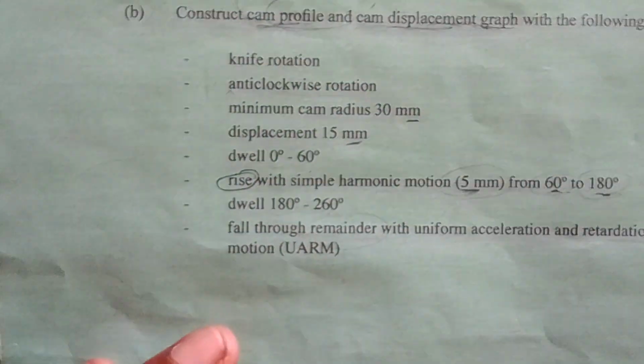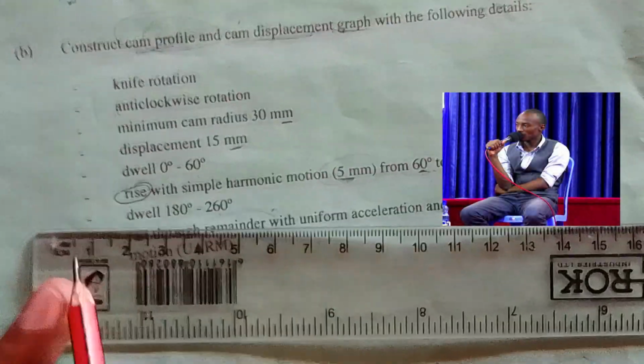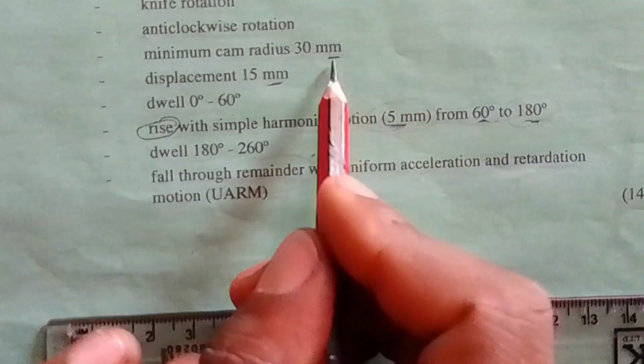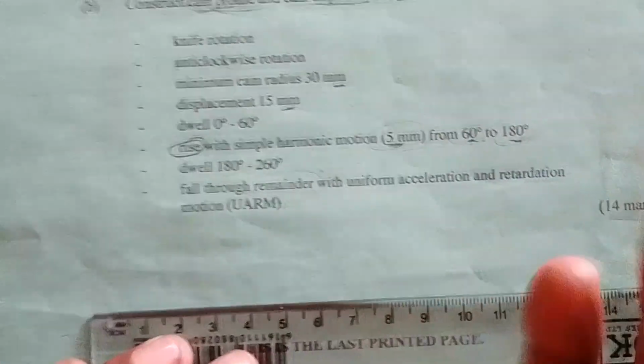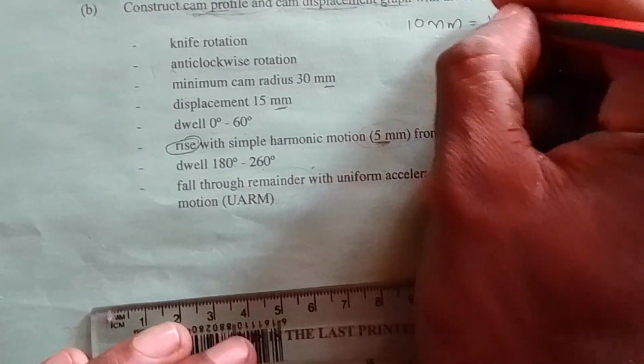Your ruler has no millimeters. Your ruler is always labeled in centimeters like this. So you must always convert these millimeters into centimeters, and we all know how we do it. 10 millimeters is equal to 1 centimeter.